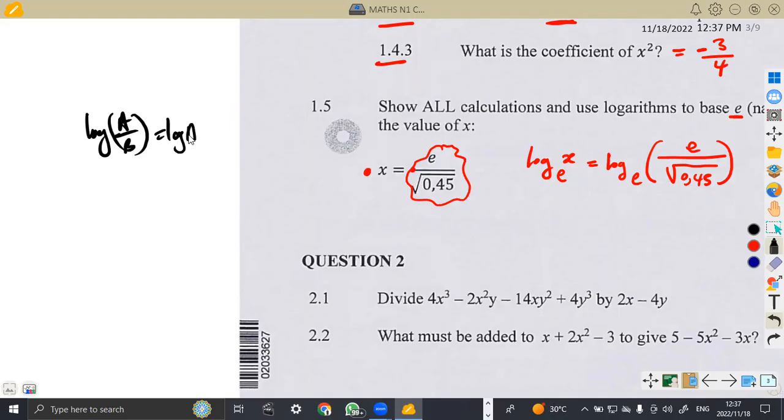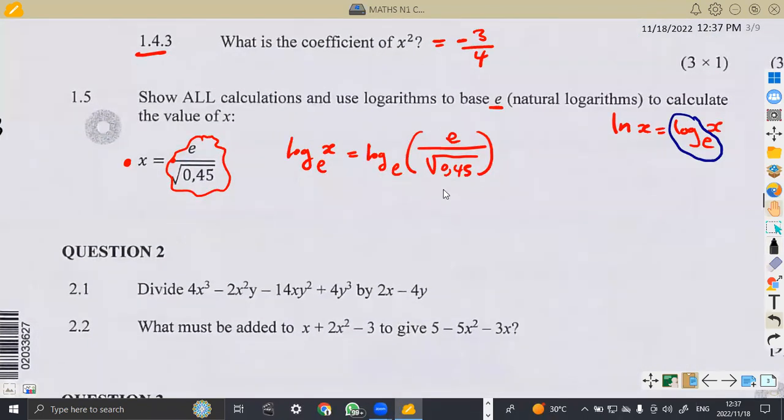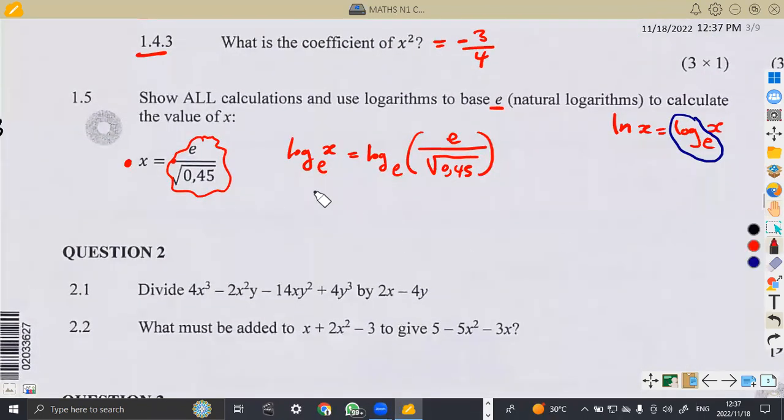So in this case, even though we've got a base of e here, we do the same thing. We have the logarithm of x in base e equal to the logarithm of e in base e, minus the logarithm of the square root of 0.45 in base e.